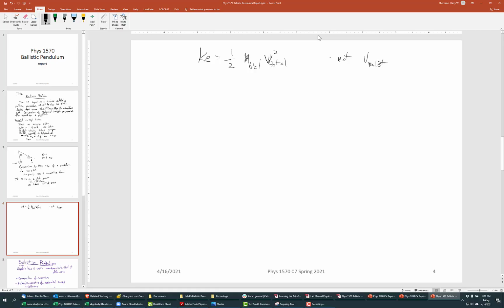So then you say, well, the bullet striking, or the bullet impacting with the block, is a collision, and in fact it is a special kind. It's a totally inelastic collision because they stick.